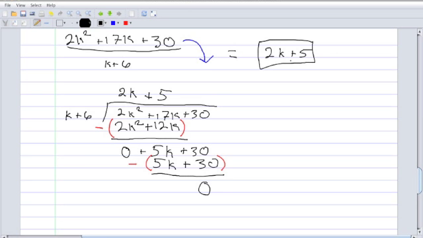Okay, so that was example 2. Let's keep moving. Alright, so in example 3, there's a slight change.